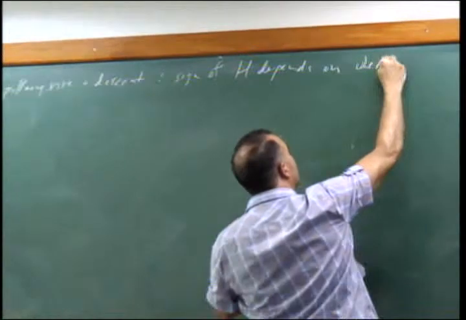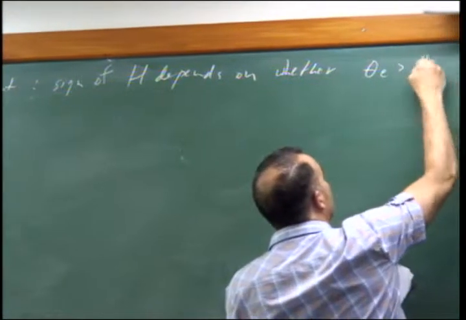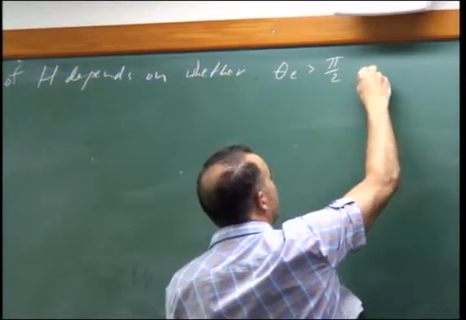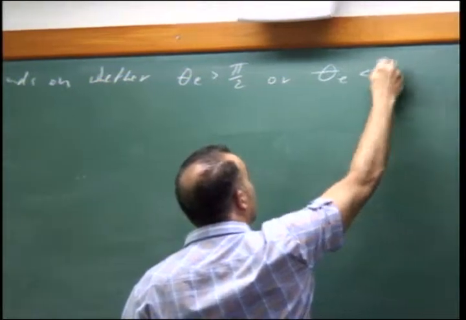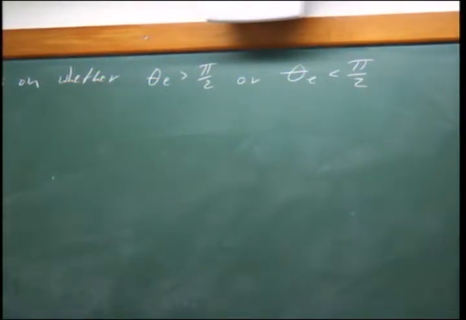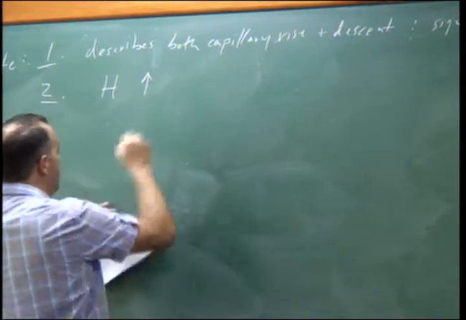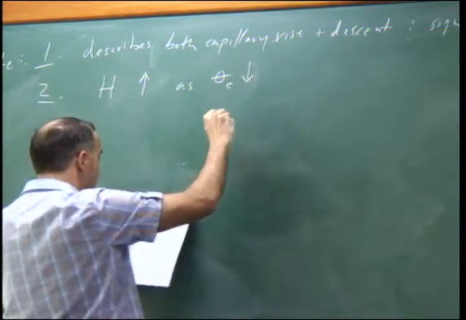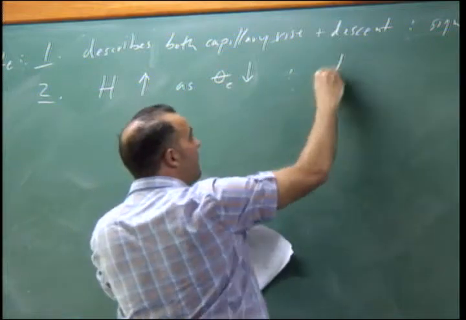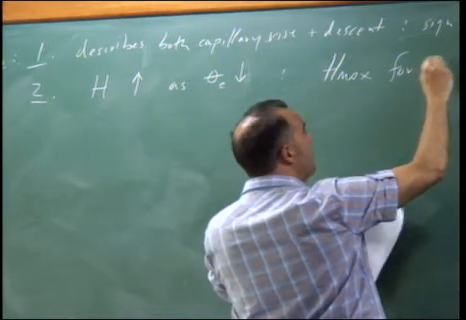Okay, so it depends on whether the equilibrium contact angle is less than, greater than. Okay, and we see also that the height increases as the equilibrium contact angle goes down, and we have the maximum height for theta equals 0.